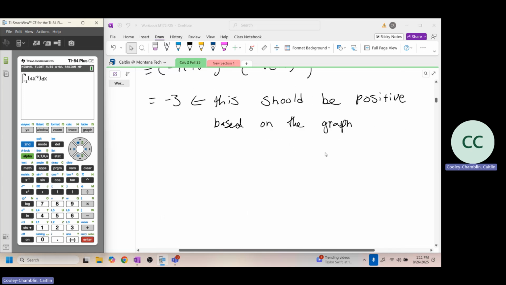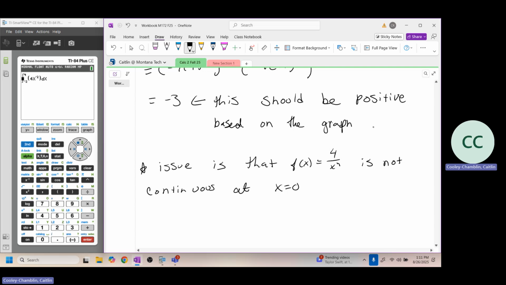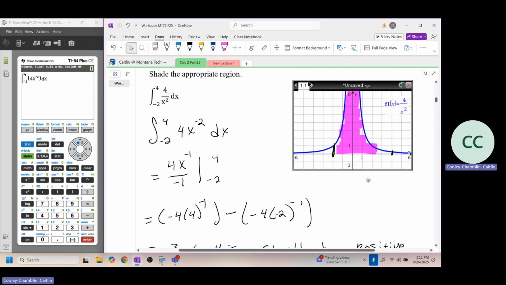So the issue is that f of x, which is 4 over x squared, is not continuous at x equals 0. Notice here that at x equals 0, we have a vertical asymptote.